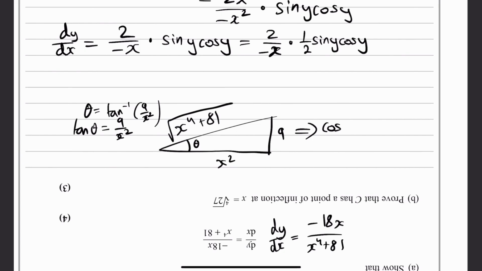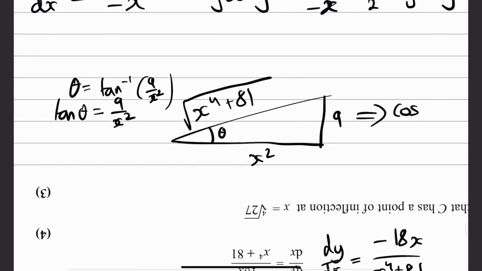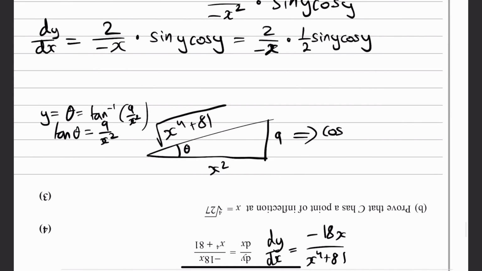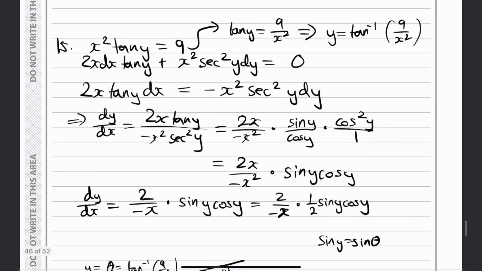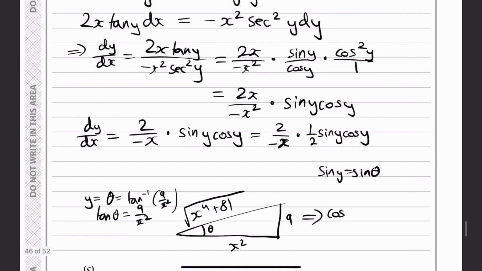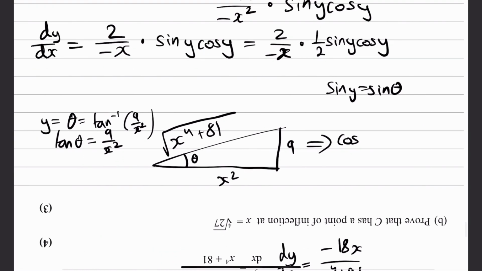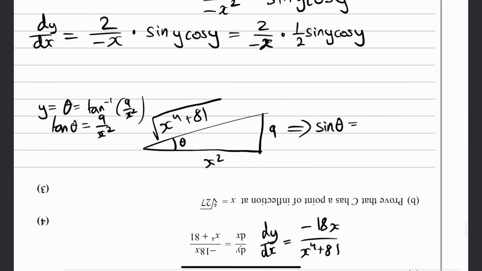theta. And this is equal to y. So if we want to find sine y, that's the same as sine of theta, because we've just worked out that y is equal to this, and then we've just put theta equal to that just because it's an angle. So if we just work out sine theta, sine theta is opposite over hypotenuse.